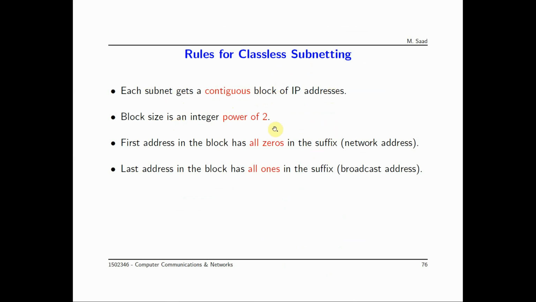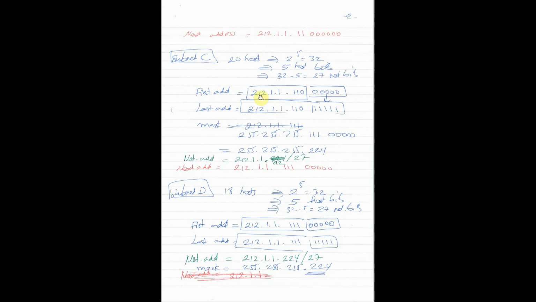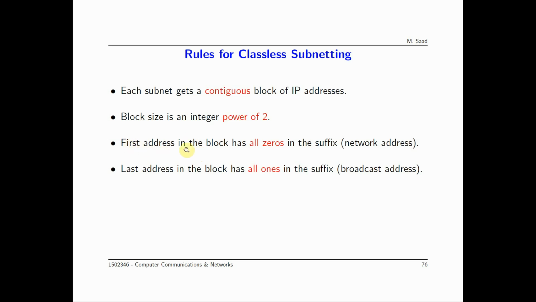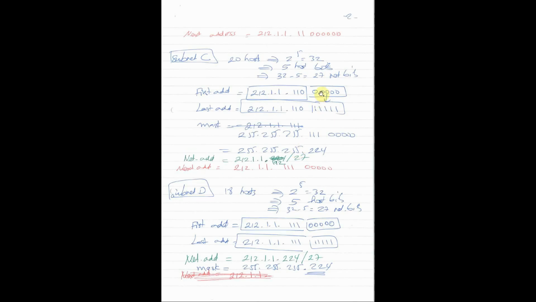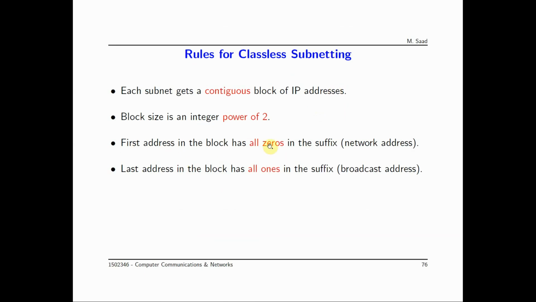The block size is always a power of 2, which is 2 to the power of the number of host bits we have. The first address in the block always has zeros in the suffix, in the host bits, and the last address in the block always has ones in the suffix. The first address is used as the network address, and the last address is used as the broadcast address. This is a summary of some of the most important rules when we create subnets in the classless addressing concept.